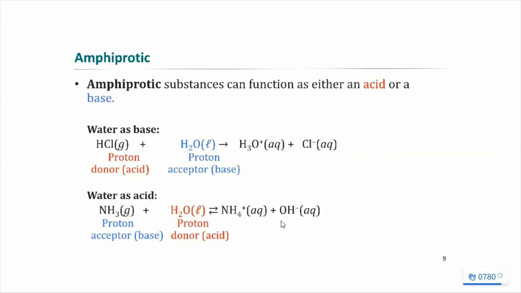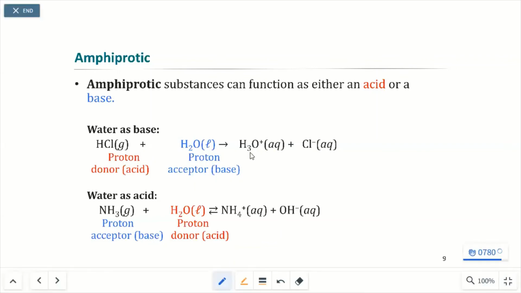Water is a great example of an amphiprotic substance because water can exist as an acid when we put it with stuff that's more basic, or as a base when we put it with stuff that's more acidic. And the product that forms, hydronium or hydroxide, it can go either direction. It's equally likely to form those. It just needs the proper environment.